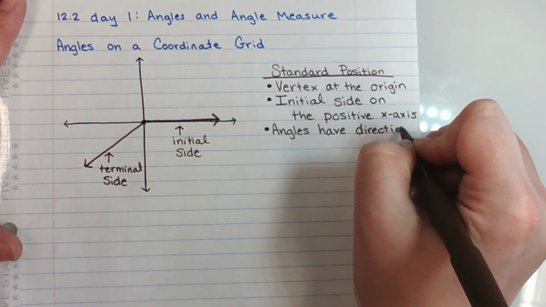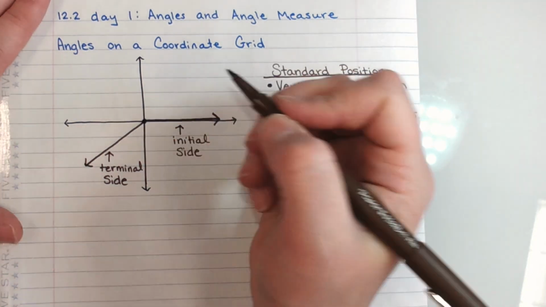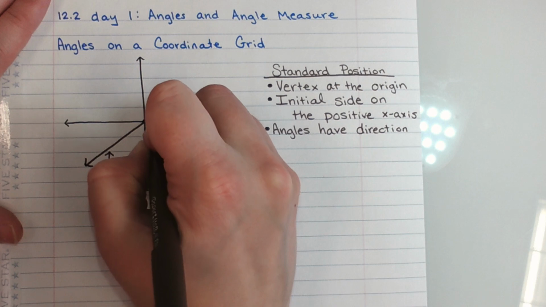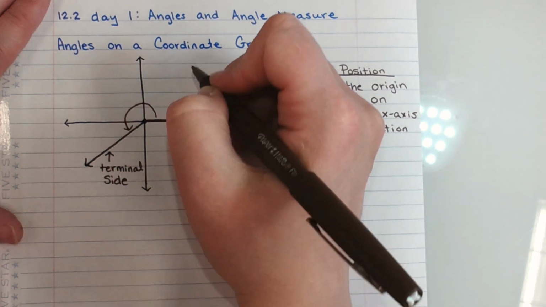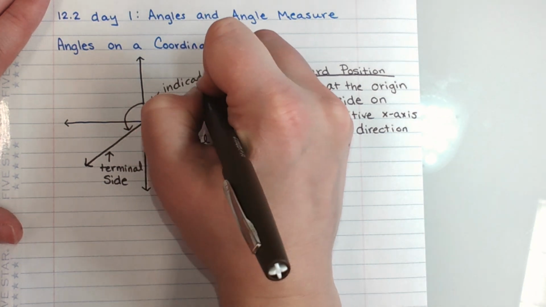In the past, when you dealt with angles, you didn't give them a direction. You just talked about their measurement being whatever the number of degrees between one side and the other side is. But that is not 100% true. Angles do have direction. And when we draw them out, we will have an arrow that indicates that direction.